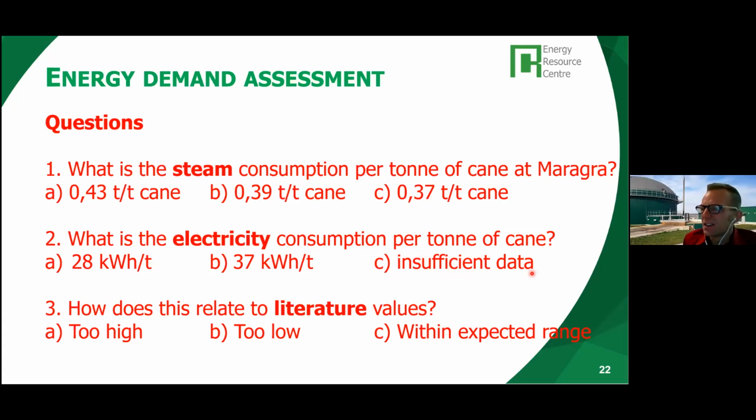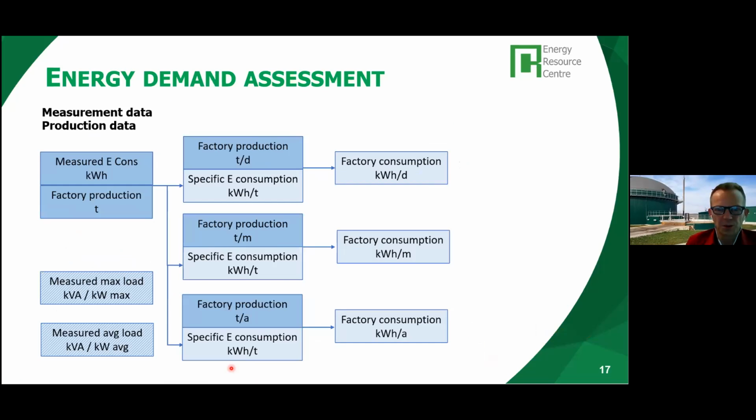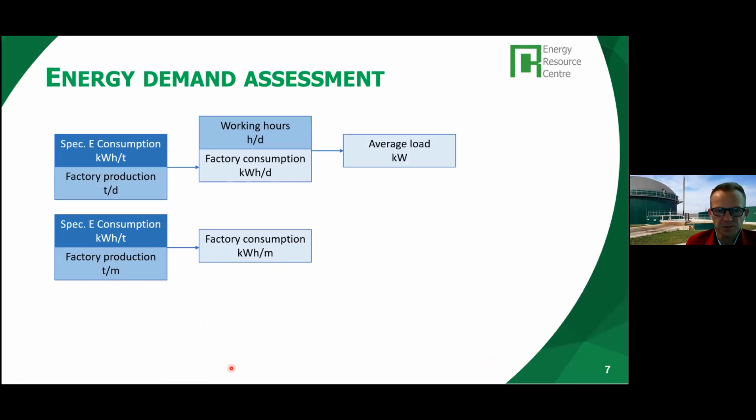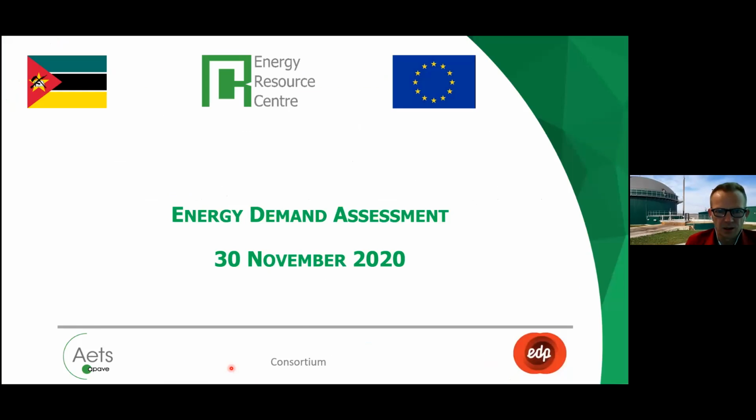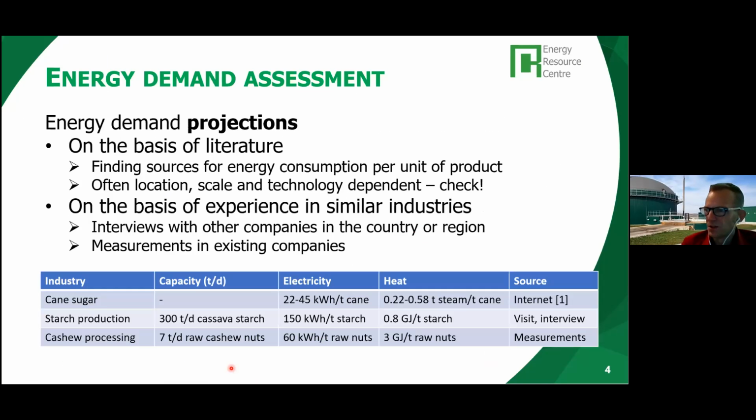Here again, you can say that the difference between 45 and 37 is not that big. At the same time, if you compare it to literature values, let me go back a little bit. No, this one.